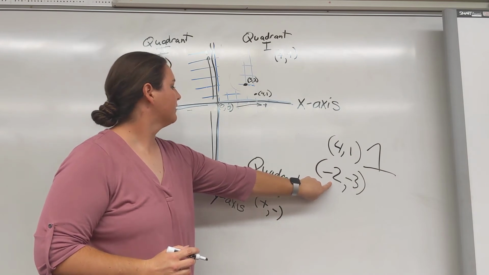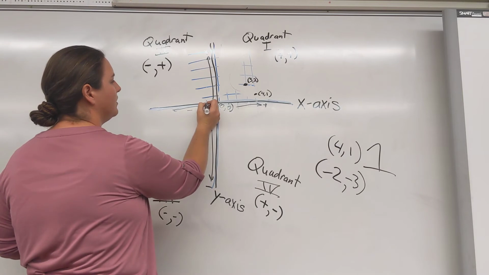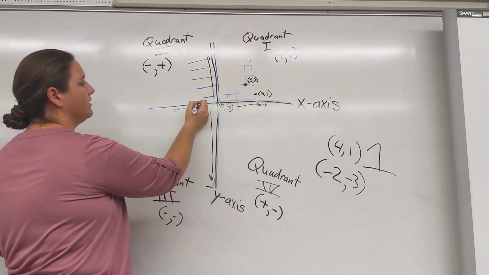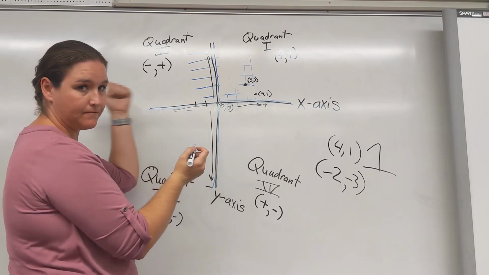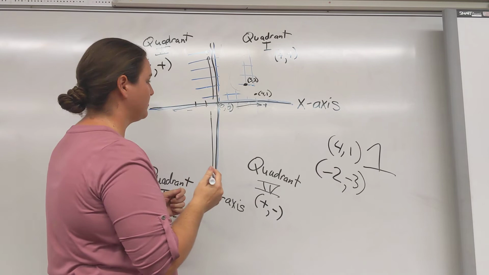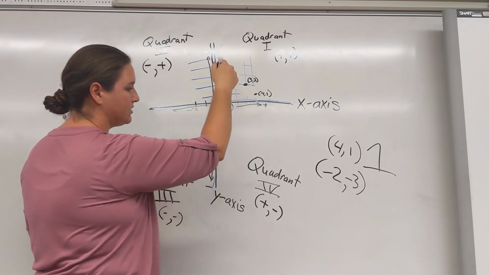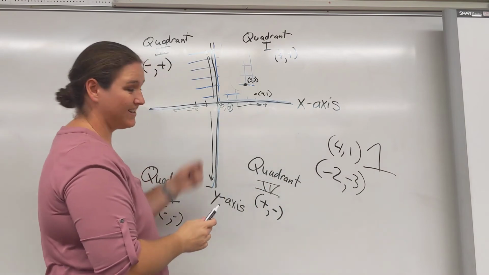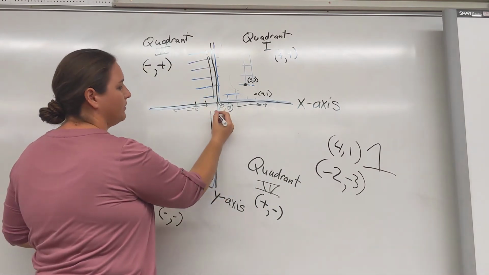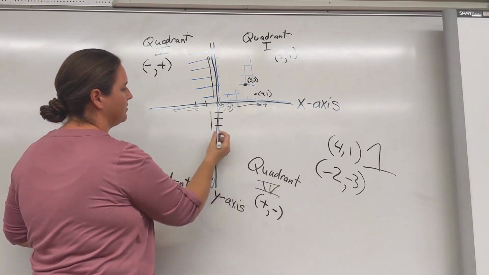Now this one here. Let's see, we have negative 2. So we do our x first. 1, 2. Remember that left here, we're going back for our negative numbers. So here's our negative 2. Now, because y is negative again, that means we're going down from our point of origin. How many do we need to go down? 3. 1, 2, 3.